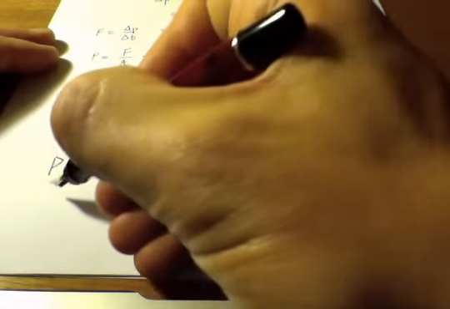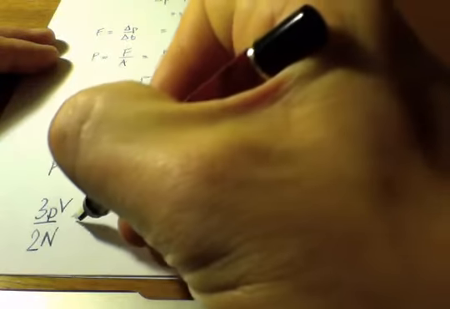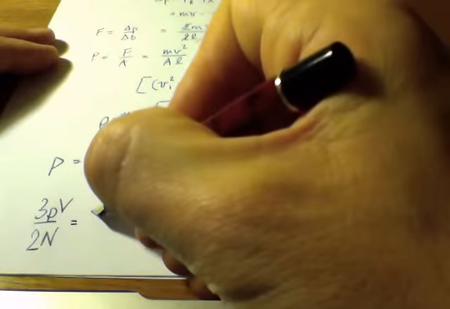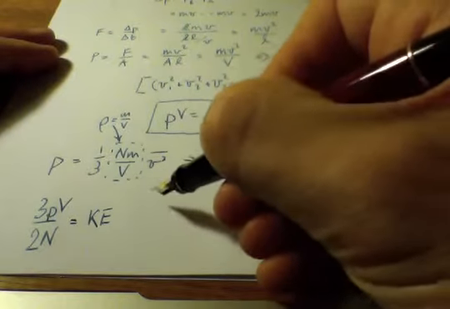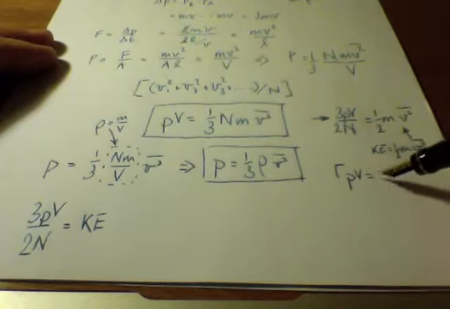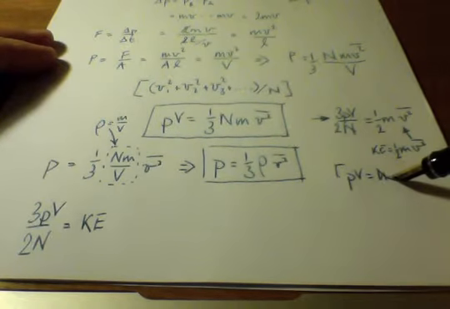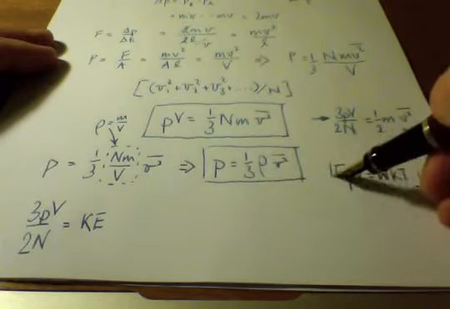Let me rewrite that down here. 3PV over 2N gives me my kinetic energy. Bearing in mind again that PV is NkT. Do you remember that from the ideal gas equation?